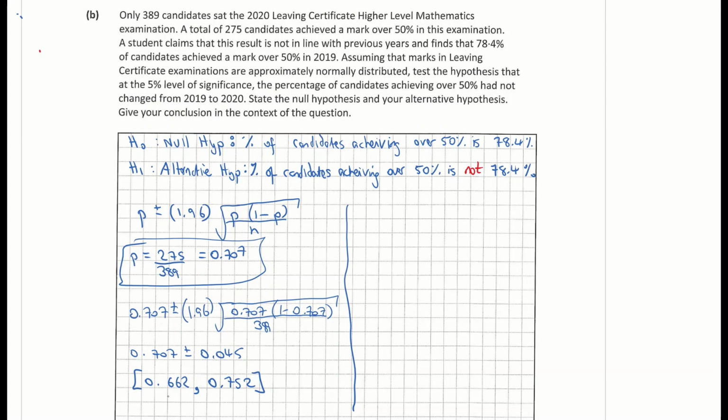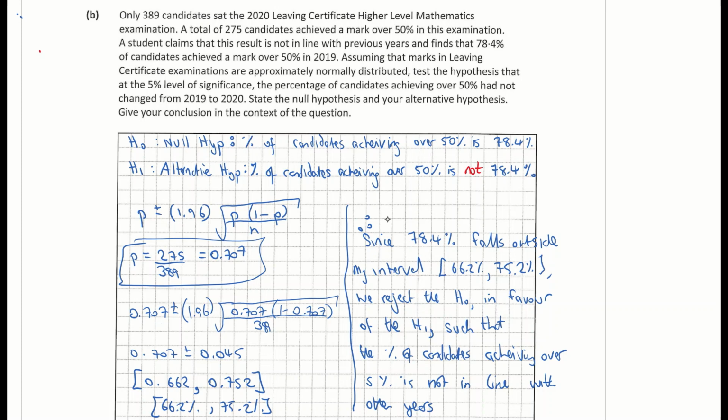My interval is going from 66.2% to 75.2%. So the student's claim is outside of that interval. That means I'm going to reject the claim that the percentage of students receiving over 50% is 78.4% in favor of my alternative hypothesis. So let me just write that down.